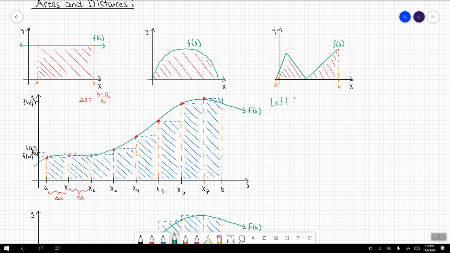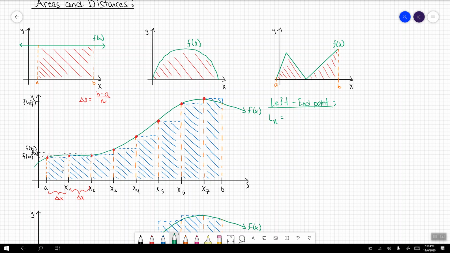And again, if we want a left endpoint approximation, we're going to denote this as L sub n. Left endpoint, and n is going to denote how many subintervals we want.